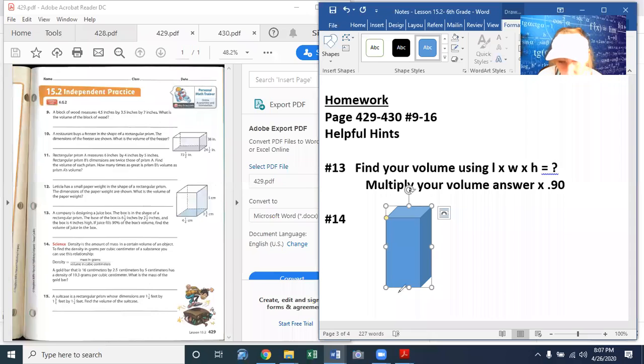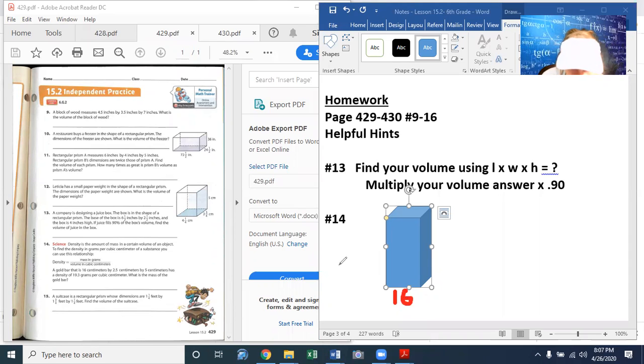I would say, well, this is going to be 16, and it doesn't matter which one you label what because they all multiply together anyway. 16, and then we have 2.5. 2.5 can be this one, the width. And the height, did it tell you which one was the height? Yeah, 4 inches was the height. Did it say the width was 2.5? Yeah. So there we are. We've labeled it, and that's in inches, right? So we could put our little inch mark if we wanted to remember what units we're using.